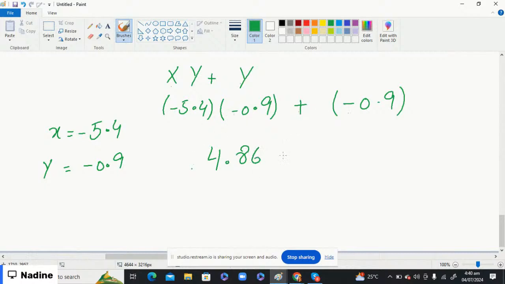Now plus minus is minus 0.9. Now we are going to solve 4.86 minus 0.9. When we solve this, you get the answer 3.96. Understand or not? This is the answer.